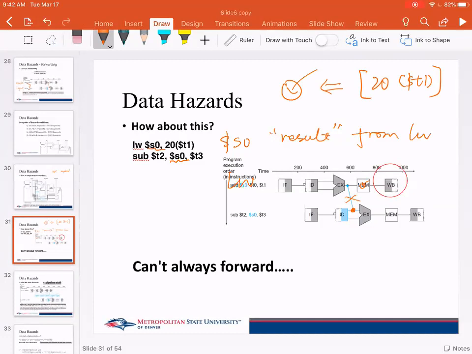And one thing I can save is I don't need to put it back to the register, right? Because I do need the apple as the input to my calculation. However, I cannot forward this apple to an earlier time.